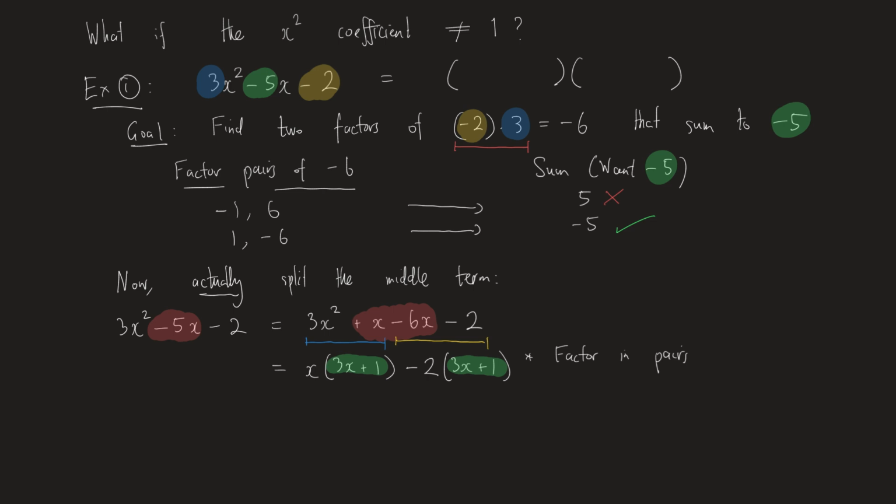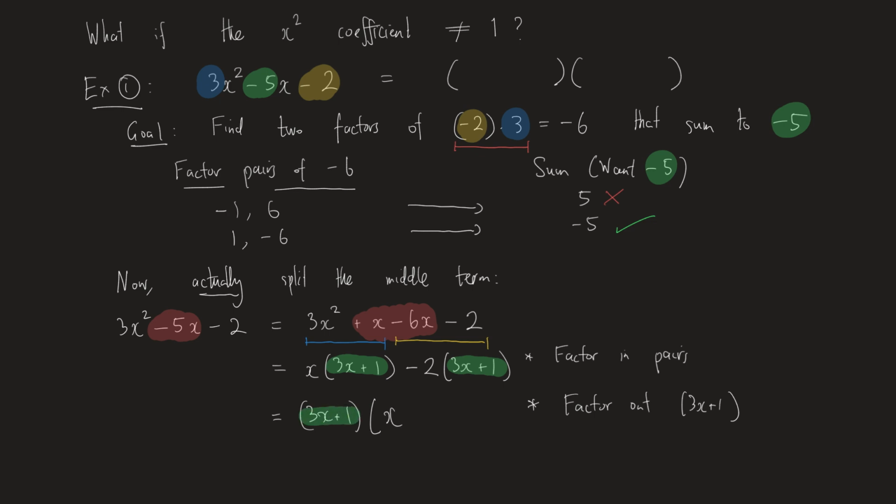Okay? So now what we'll do is we'll factor out that common factor 3x plus 1. Okay, so I'll pull it out to the front. Here it is. And what does that leave behind?